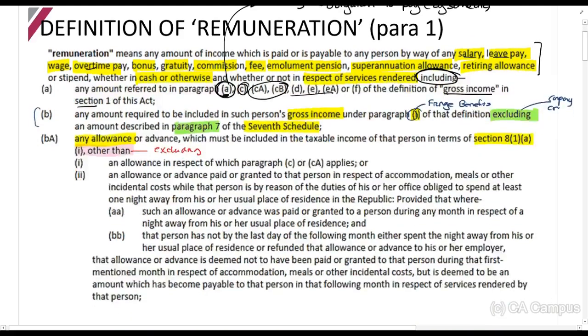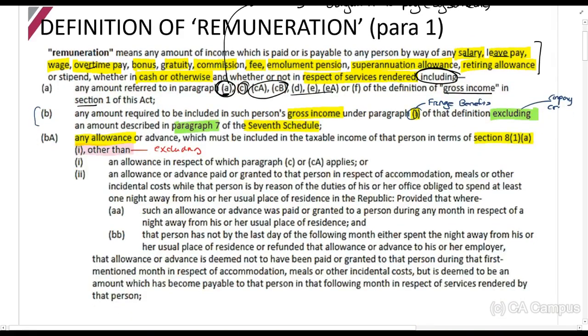An allowance or an advance paid or granted to that person in respect of accommodation, meals, or other incidental costs, while that person is, by reason of the duties of his or her office, obliged to spend at least one night away from his usual place of residence in the Republic. Okay, so up to there. So we're saying it excludes, in this case, a subsistence allowance. Okay, so subsistence allowances are not included.